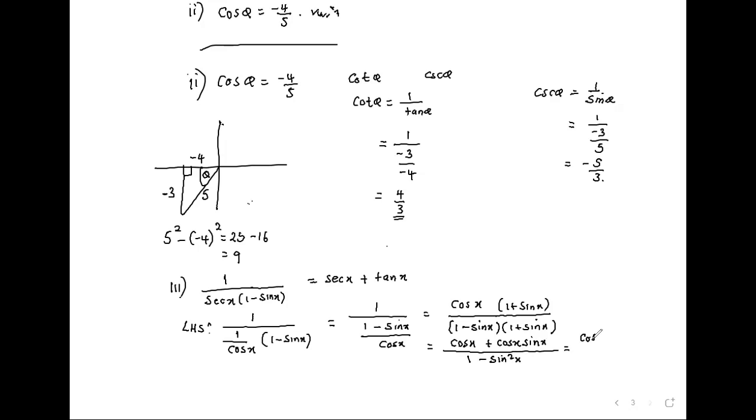So we'll have cos x plus cos x sin x, and we're dividing by cos squared. 1 minus sine squared x is cos squared, coming from the identity sine squared x plus cos squared x equals 1.